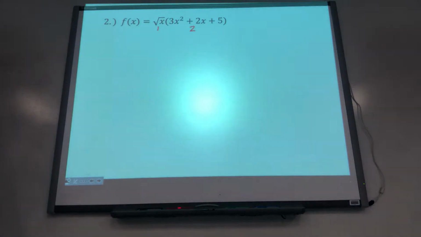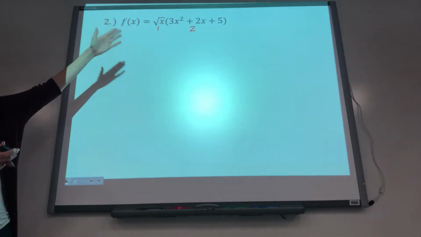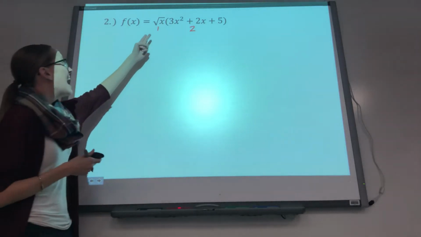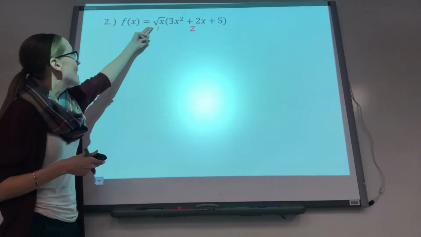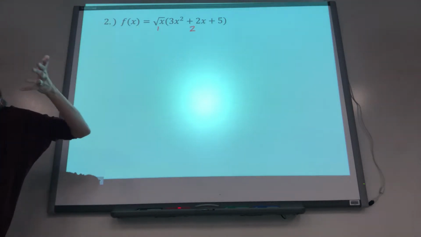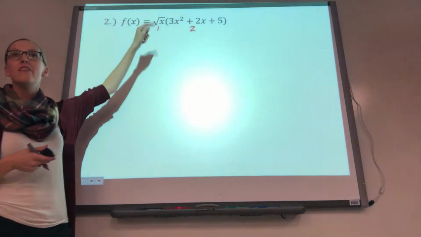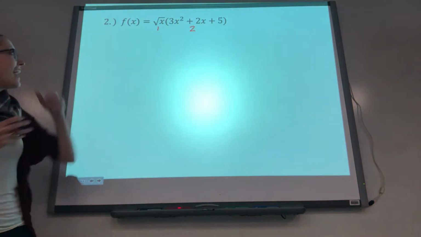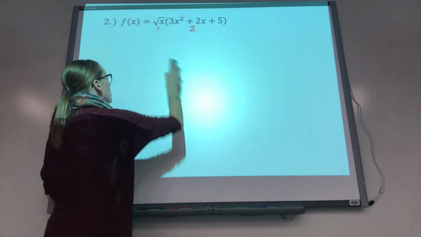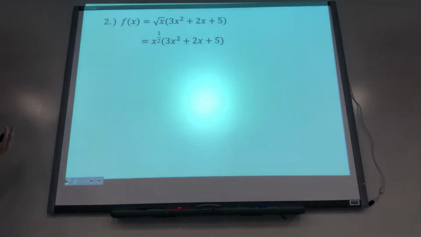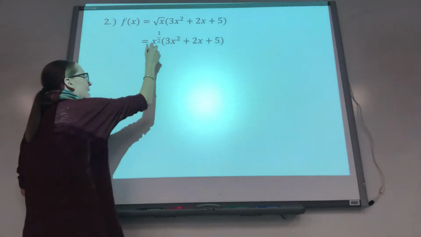The 2 here is quite a bit bigger than the 1, but that is going to work for our product rule, 1d2 plus 2d1. Now hang on just a second. I don't really like radicals when I do derivatives. What's another way to write the square root of x? x to the 1/2 power. I should probably fix that before I start to do anything here.